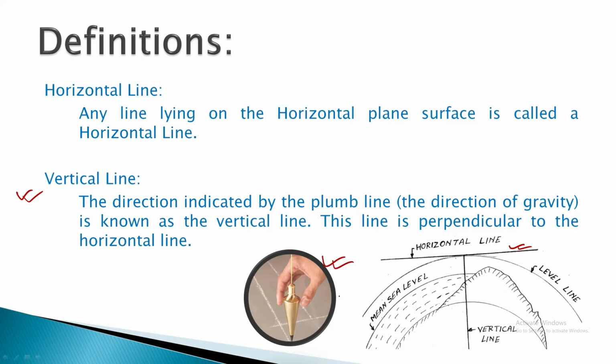If you see any construction site, this is always used for centering purposes. The direction indicated by the plumb line, the direction of gravity, is known as the vertical line. And this line is also perpendicular to the horizontal line that I already told earlier.